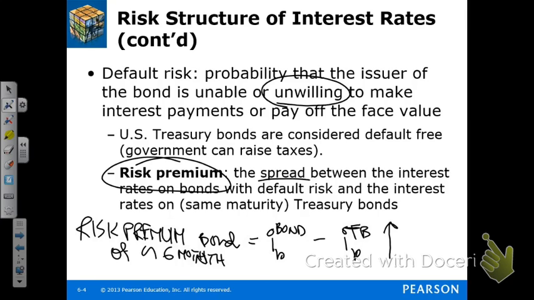Let me repeat it. Let's say the risk premium is going up. The interest rate that you are earning from a risky bond compared to the interest rate you could have earned from a treasury bond, the spread, is going up. What do we know?